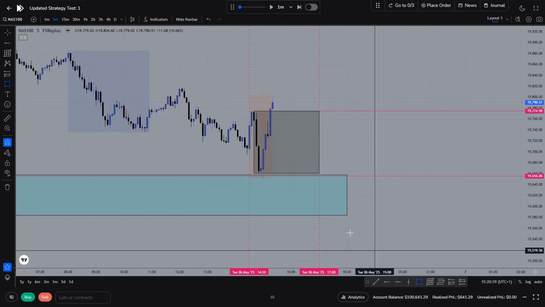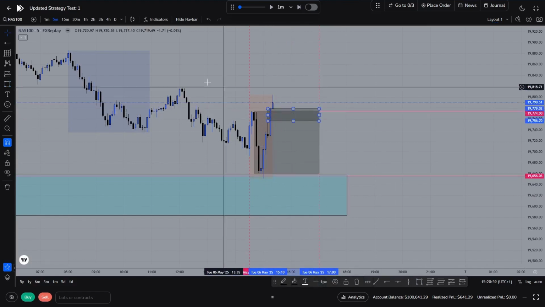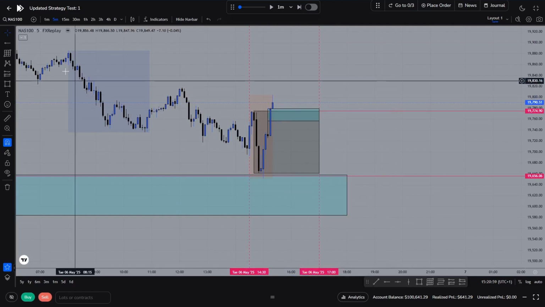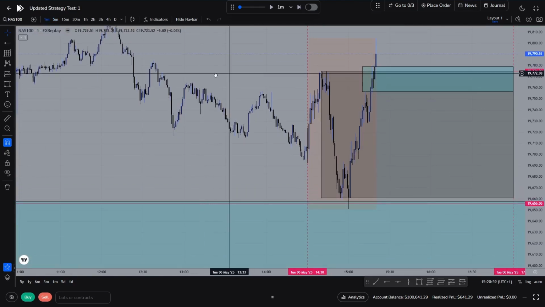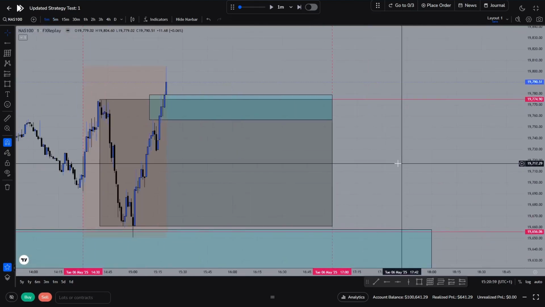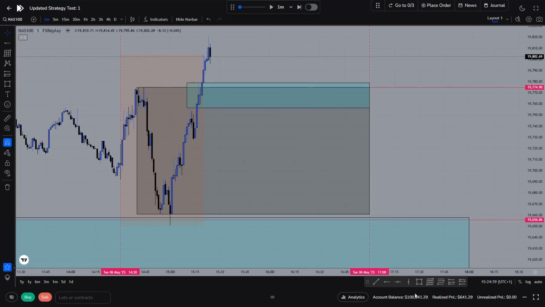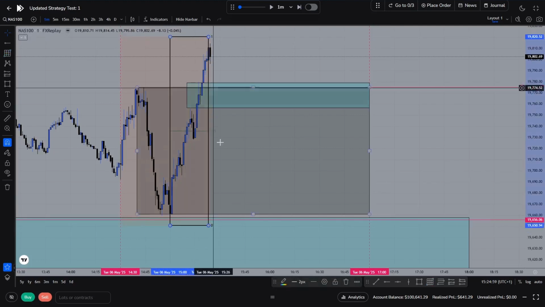There we go. Leave it behind this FVG. Change the color to drop to the 1 minute. Need to remember these. This. There. To there.